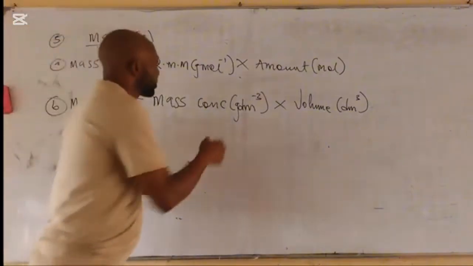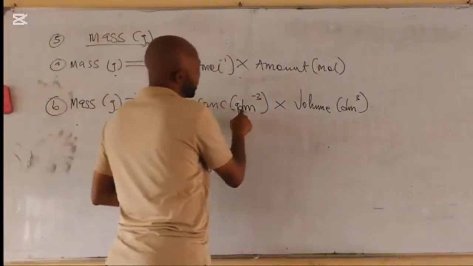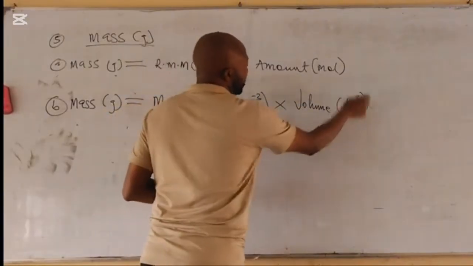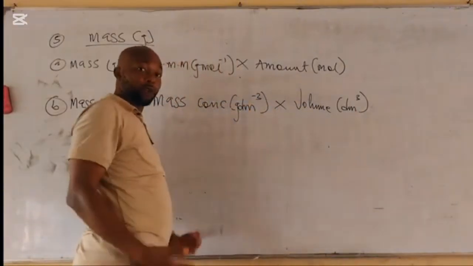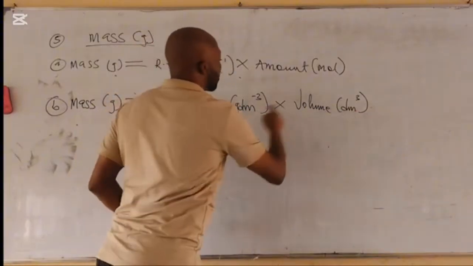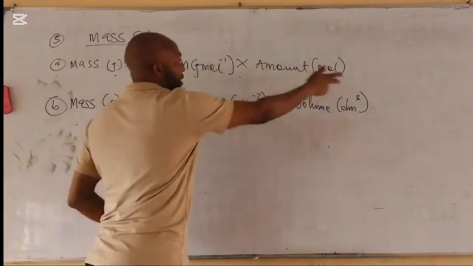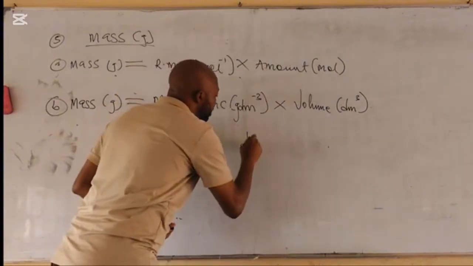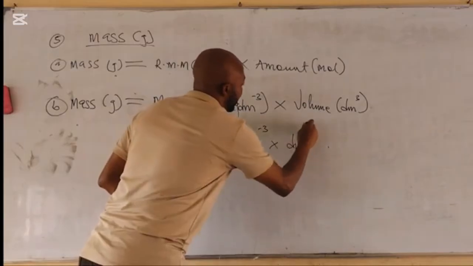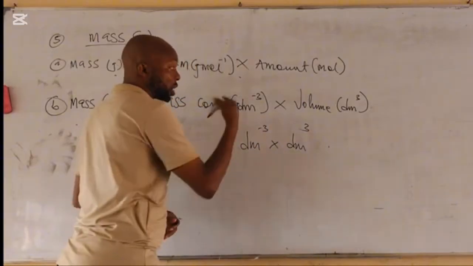For example, this is my gram, but this is dm cube. Gram times dm minus 3, dm raised to the power 3. I understand from indices that when numbers with equal bases are multiplied, their powers are added. So if I have dm minus 3 times dm raised to the power 3, they have equal bases, I want to add their powers.